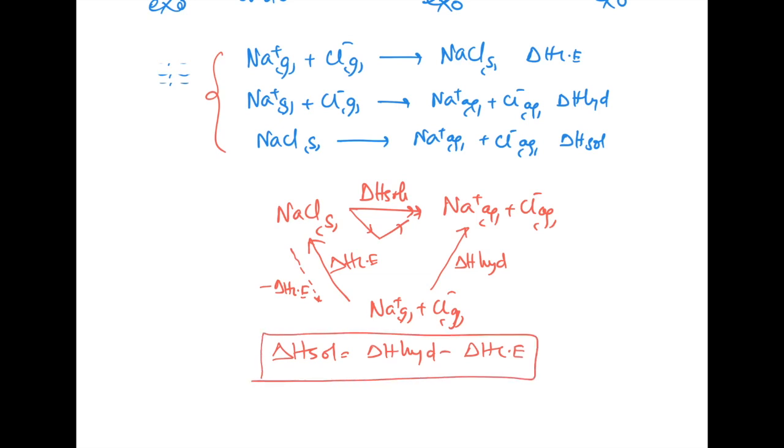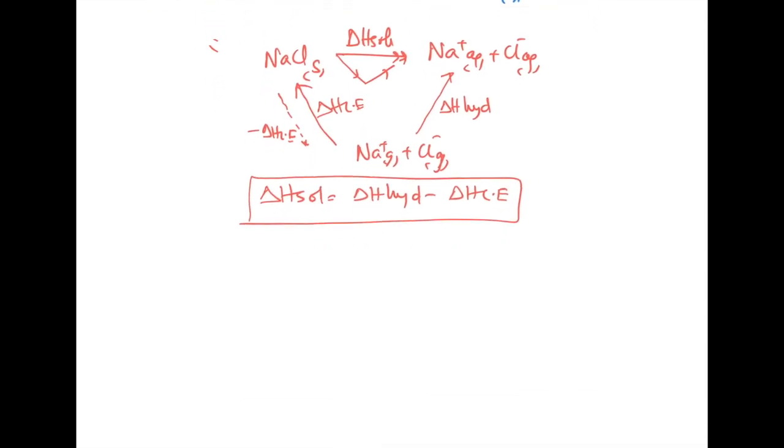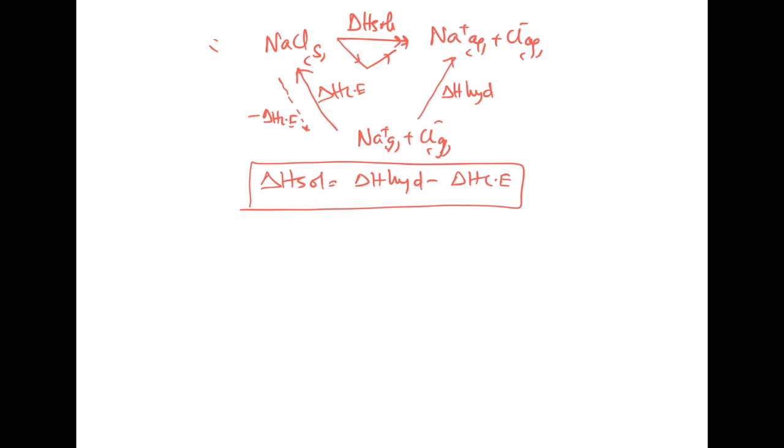So basically, enthalpy of solution equals enthalpy of hydration minus lattice energy. This equation is normally referred to as the solubility equation, and using this equation we can determine whether a compound is soluble, or more soluble, or less soluble, or insoluble.